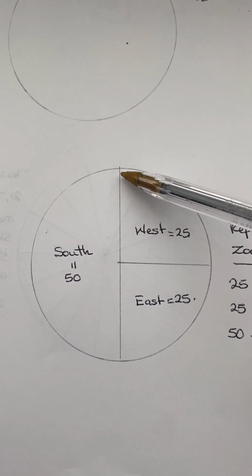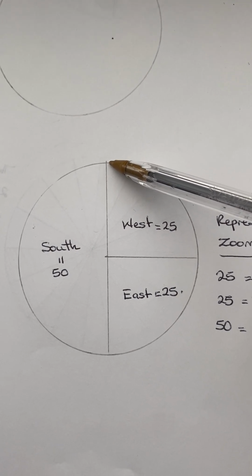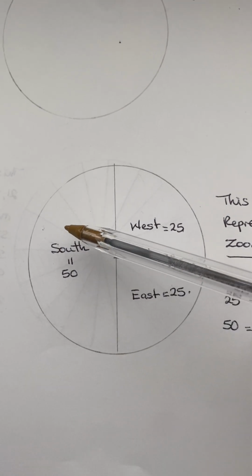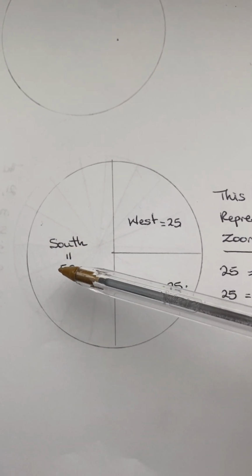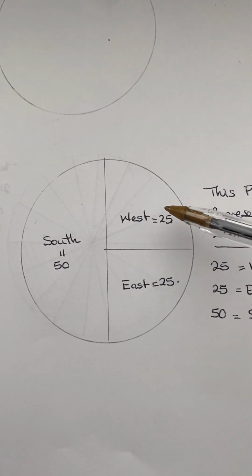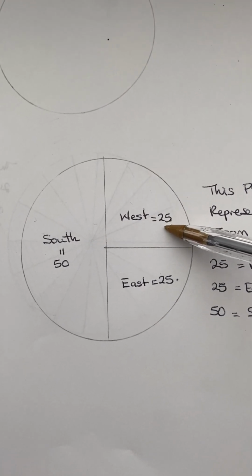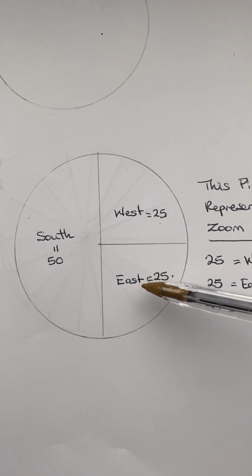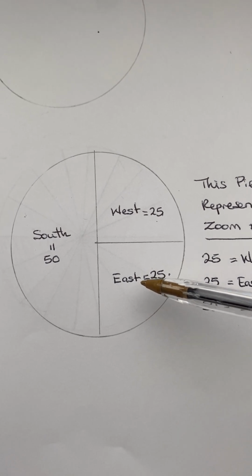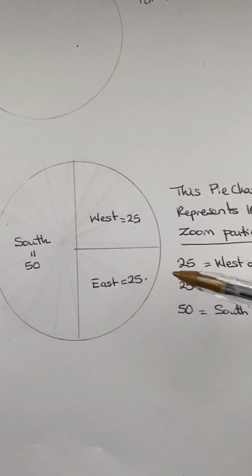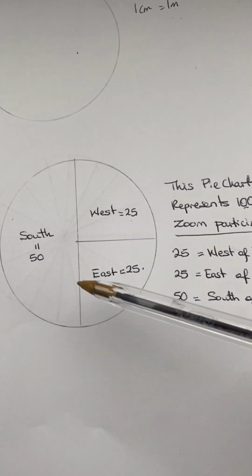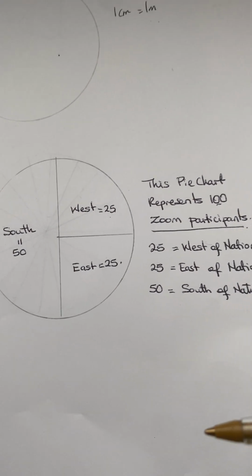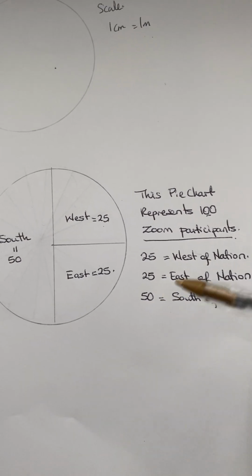After the Zoom they found out that 50 of the participants came from the south, 25 came from the west, and 25 from the east. So this is what they drew for their pie charts so that they can show it to their board of directors.